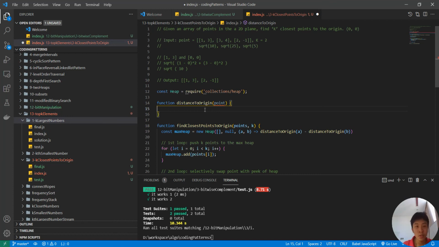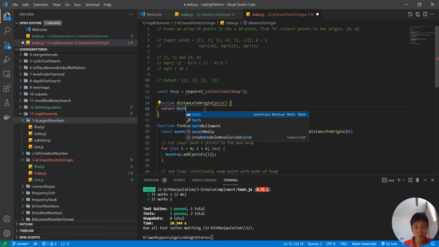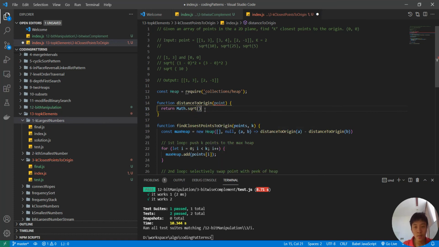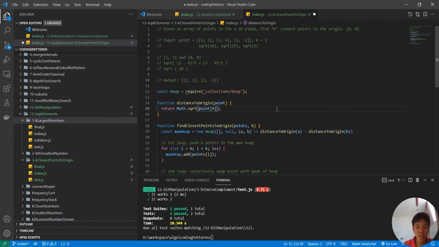So distance to origin will return the square root from the Math library, Math.sqrt of what we have here: the x coordinate of the point minus the x coordinate of the origin, which is always 0, so it's the same as the point's x coordinate times the x coordinate.